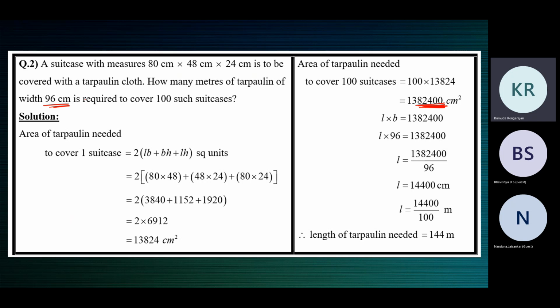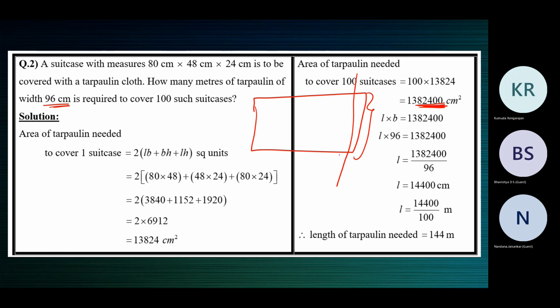So when you buy the material, there will be a long rod, and the material will be wound around the rod, or sometimes it's folded and kept. Large quantities of material are simply folded and kept.